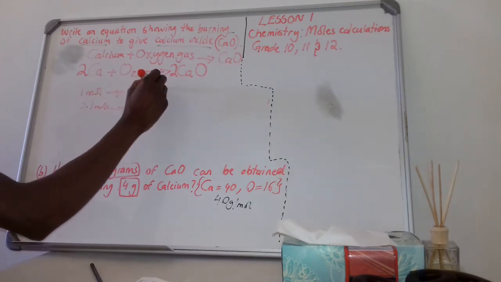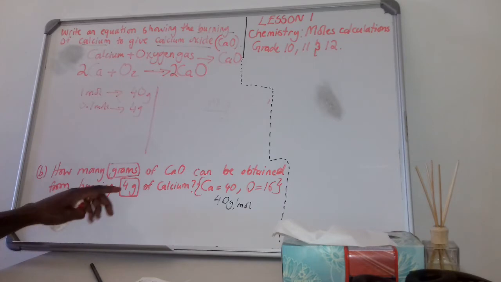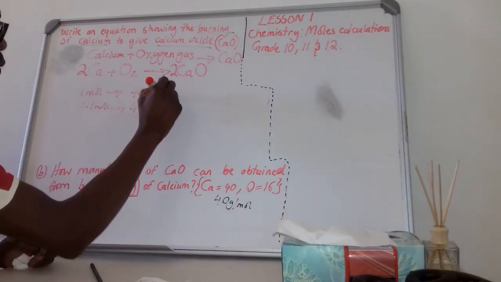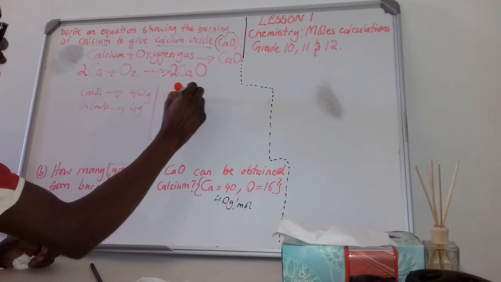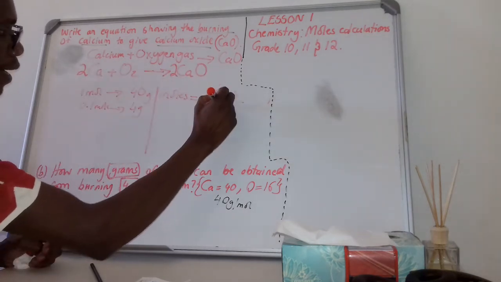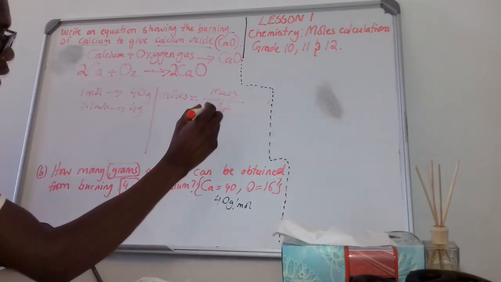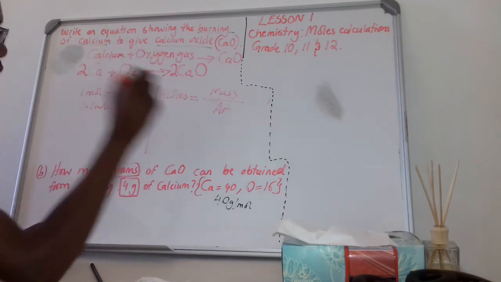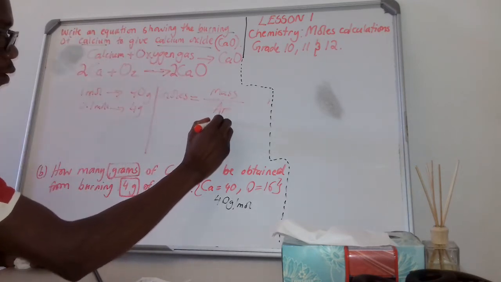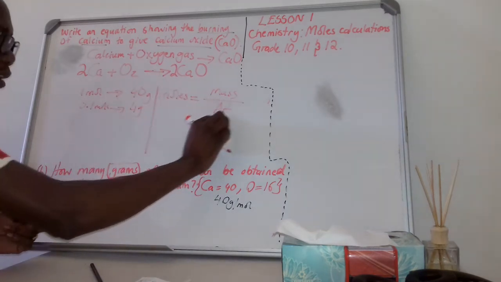If you don't want to do it that way, you can use the formula. You're looking for the number of moles, so the moles should be equal to the mass divided by the Ar. Mass is 4 grams. Sorry, I'm running out of markers.